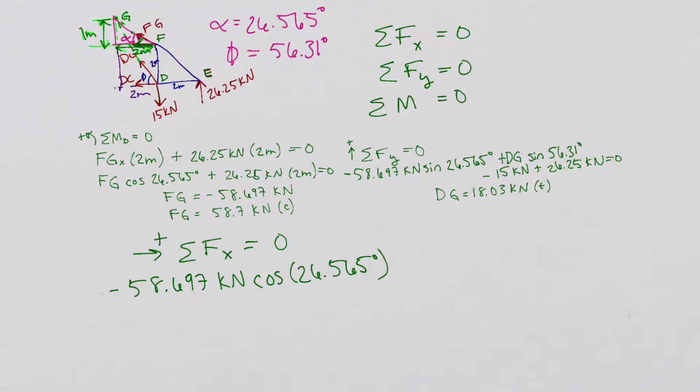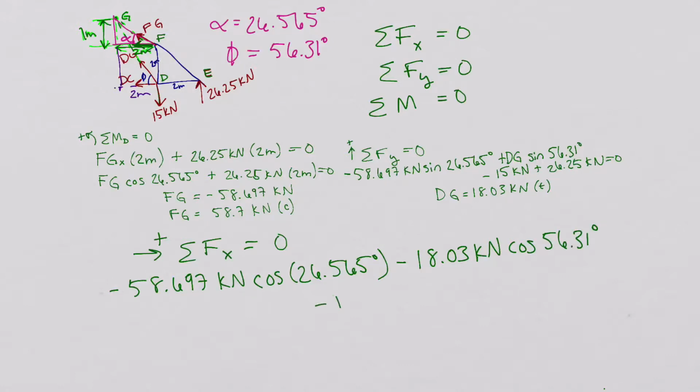And then we want that x component of the DG. So minus 18.03 kilonewtons, and that would be cosine of that phi, 56.31 degrees.